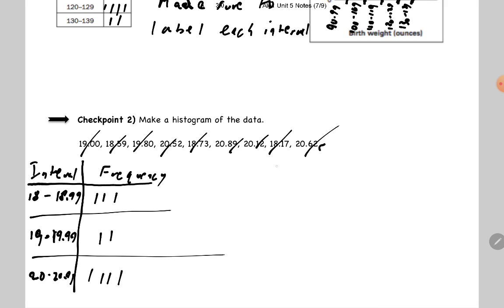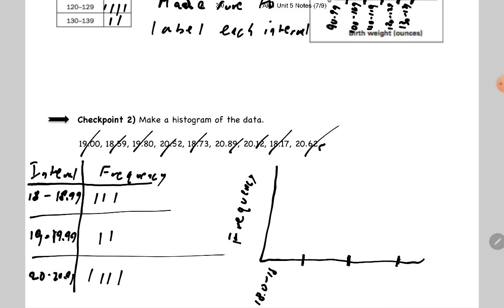Okay, now we're going to make a bar graph. So frequency should be your Y, and your X should be your intervals. So all I have to do is evenly space them out. And then we got a label. So this is 18.0 to 18.99.